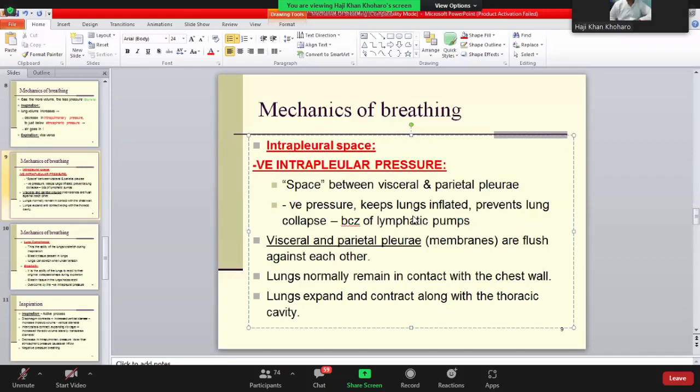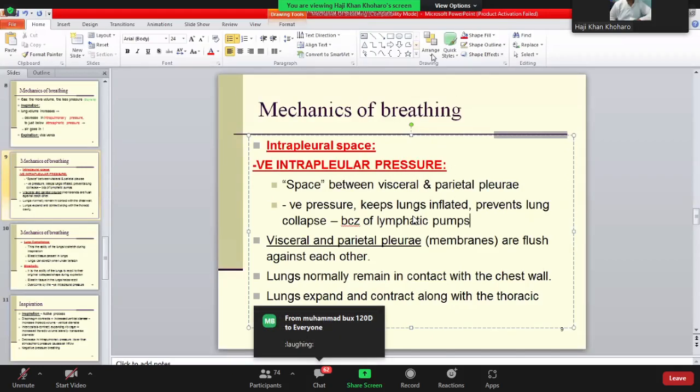Means between the visceral and parietal pleura, the pressure is kept negative to prevent lung collapse and to overcome the elastic forces. And this negative pressure is maintained by the lymphatic pump.